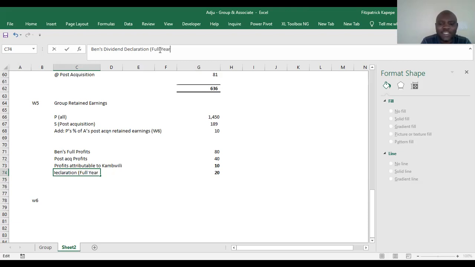All we are interested in is the post-acquired dividends, I don't know if I can call that, but I'll say dividend half year, because that is when we started managing after we acquired this business.